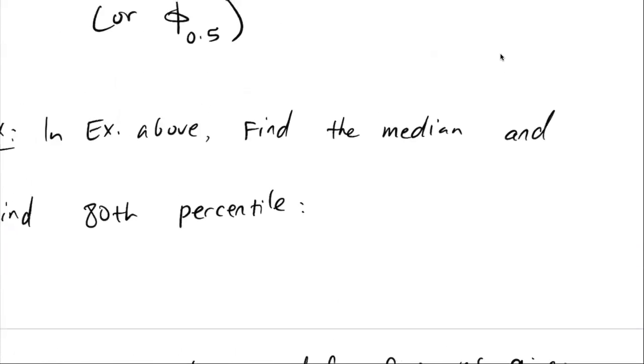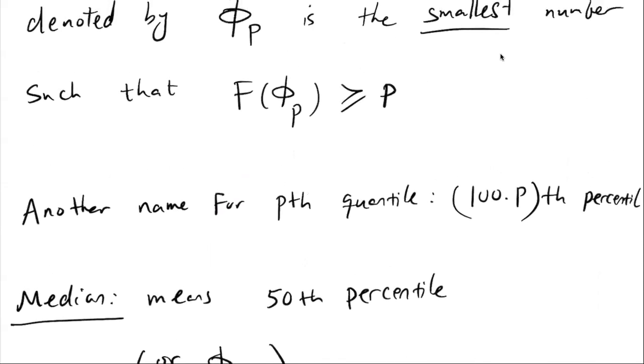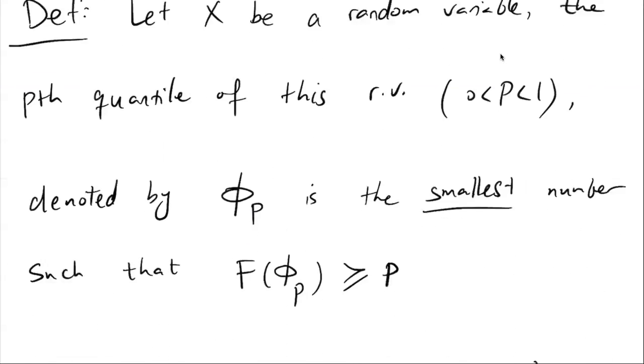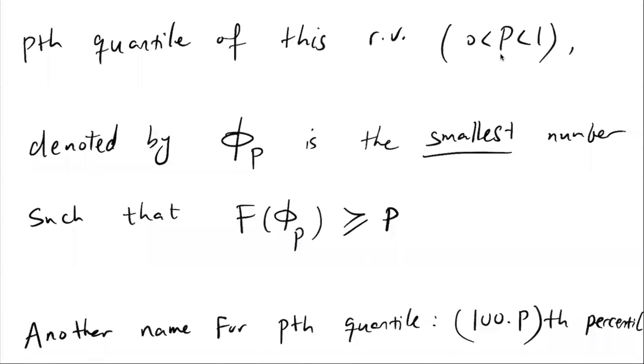Now for the median, we need capital F of the median, because if p is 0.5, then phi sub 0.5 will be the median. So capital F of the median should be bigger than or equal to 0.5, and this should be the smallest number with this property.